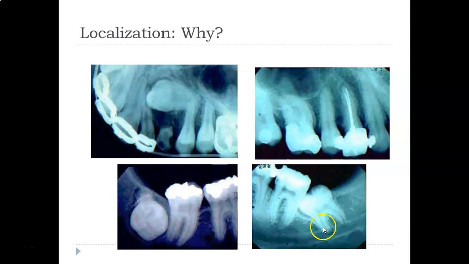Over here is another wisdom tooth that is superimposed over the mandibular canal. We don't know if these roots are in the canal, in front of the canal, or behind the canal. We don't know where these roots are in relation to the nerve. So the oral surgeon can't just go in there and rip out this tooth, because they could cause nerve damage if these roots were right in the mandibular canal.